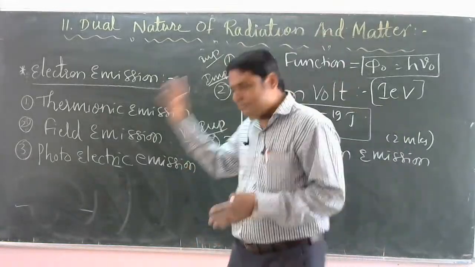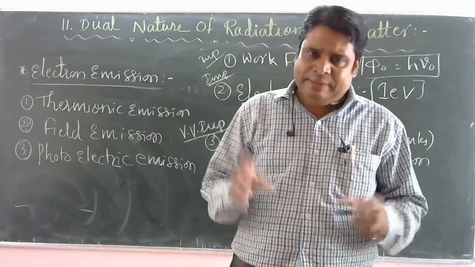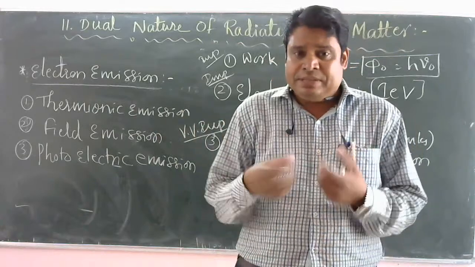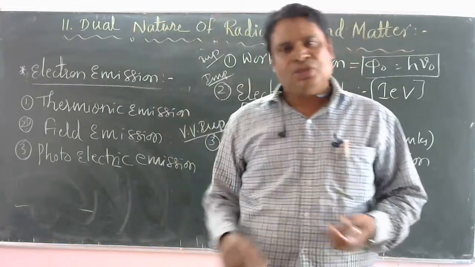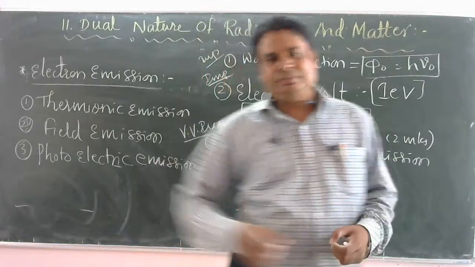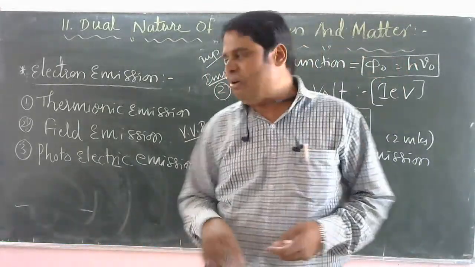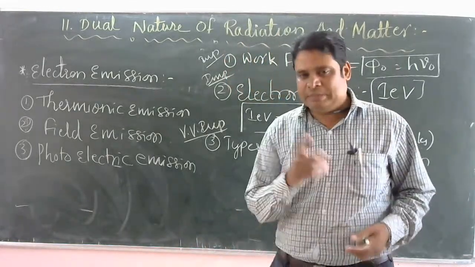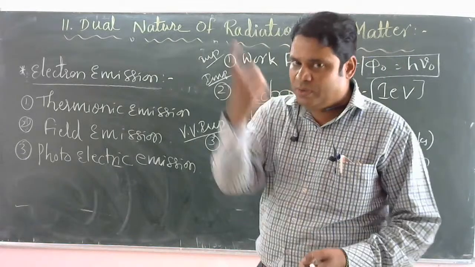Thermo means heat. When you supply heat, atoms get excited. Those outermost free electrons will jump from the metal surface by gaining energy. This is called thermionic emission. By supplying heat, electrons can be liberated.